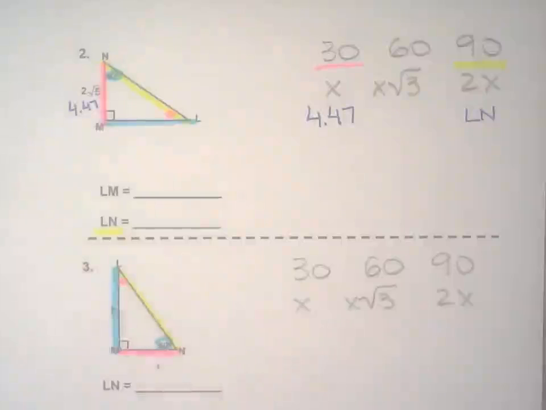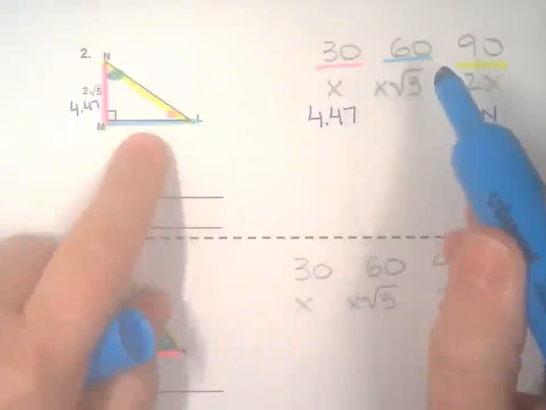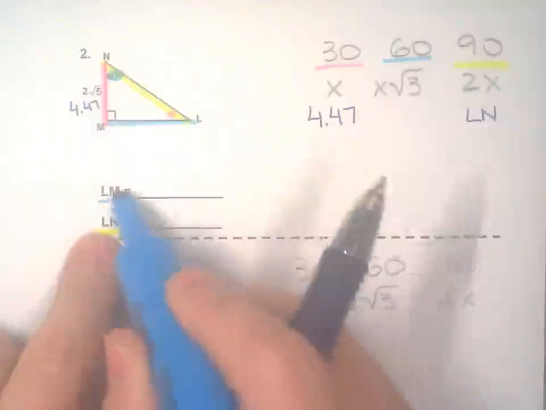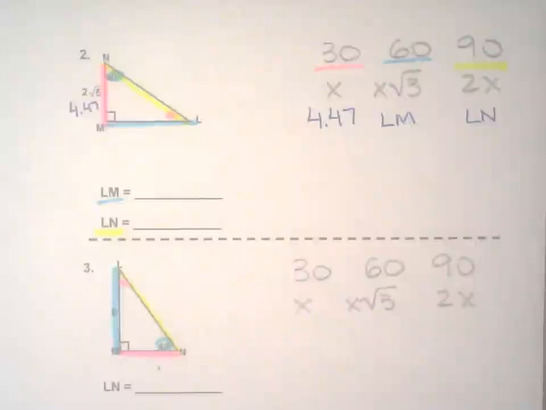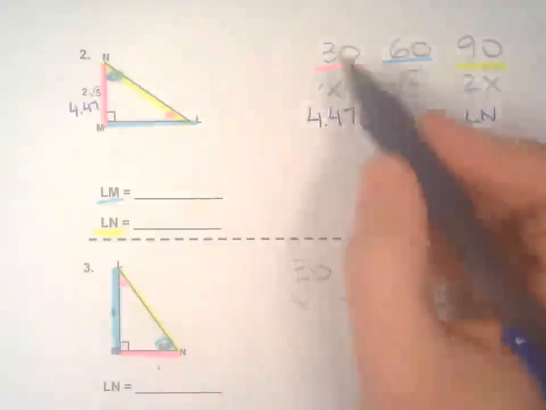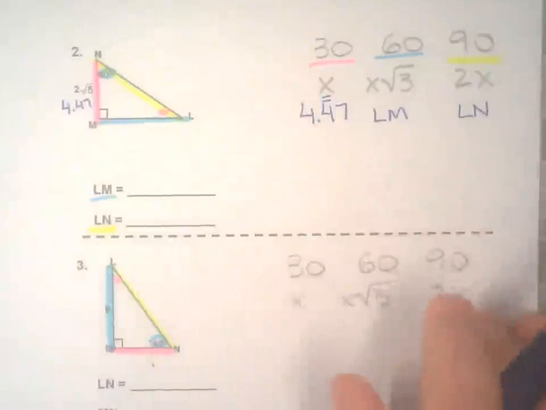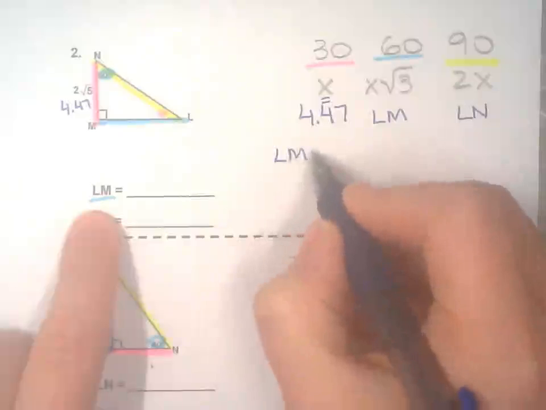Okay? Across from 60, I have the long leg, LM. Lucky for us, we have X already, so we don't have to solve anything in that case. Let's find LM, just because.